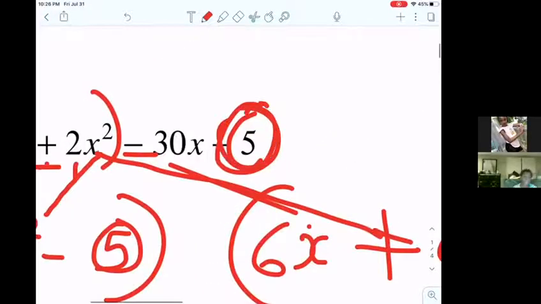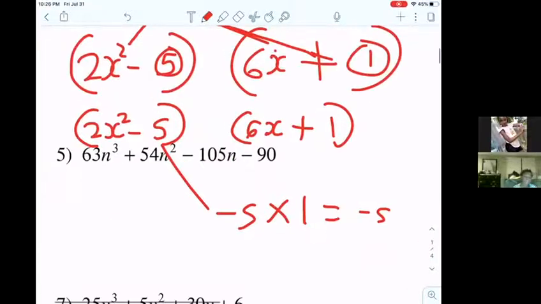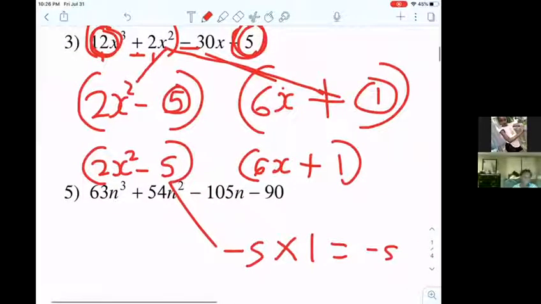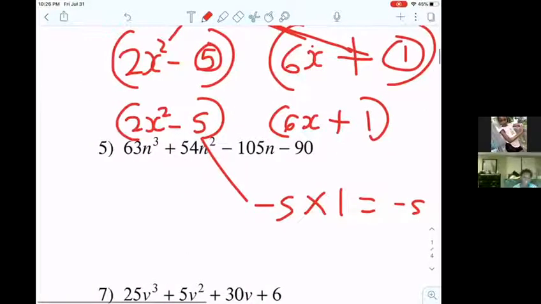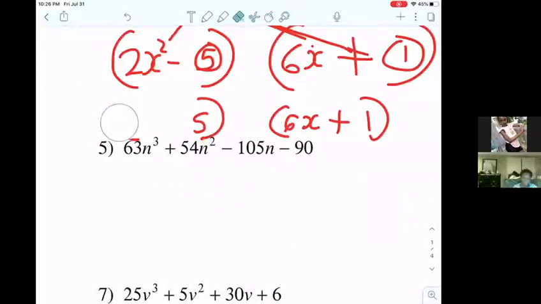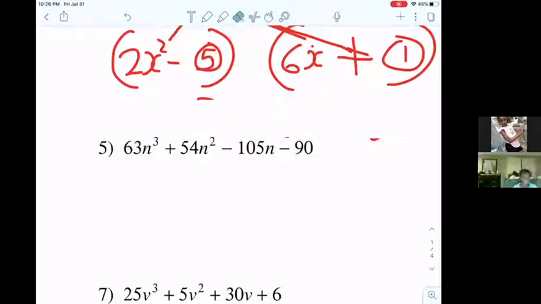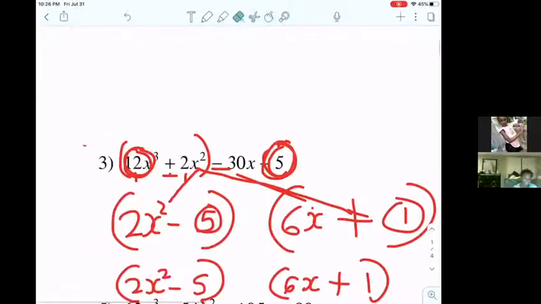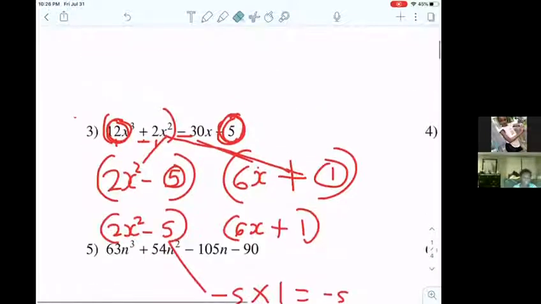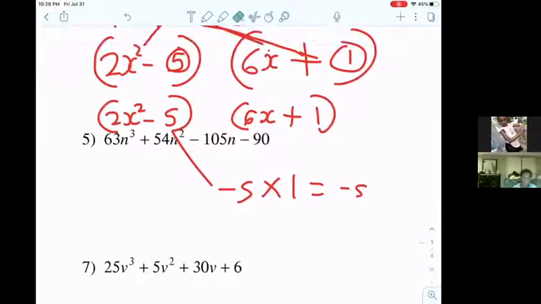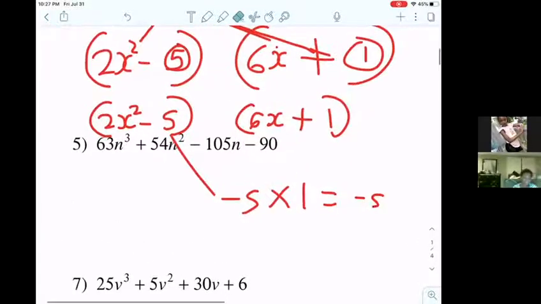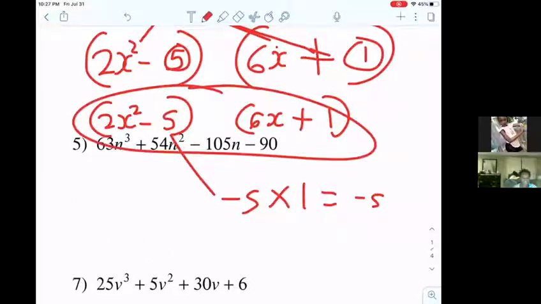So you can go ahead and do that to the other ones, and now you'll successfully factorize this expression. So now you've got your answer right over there.